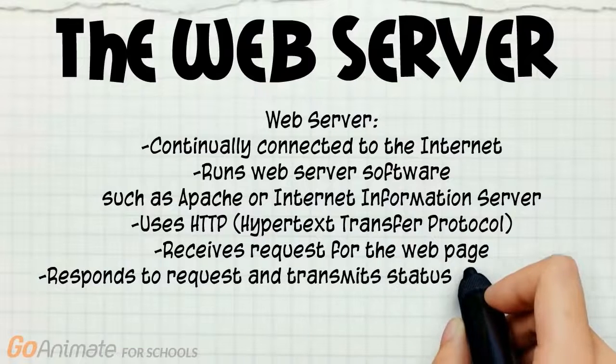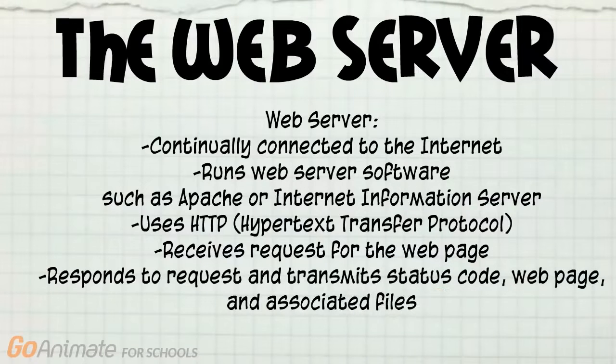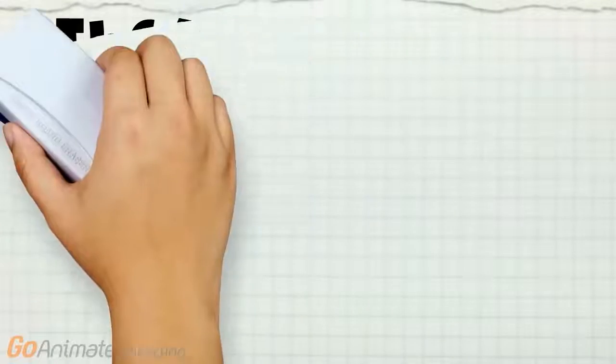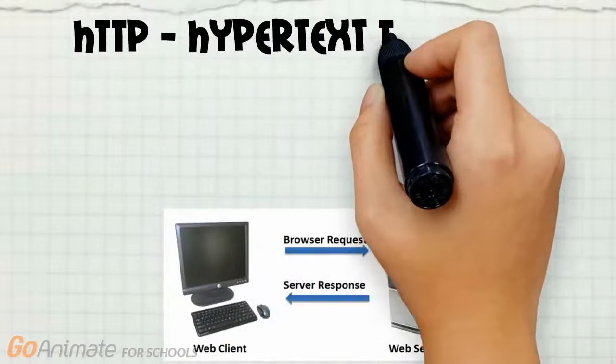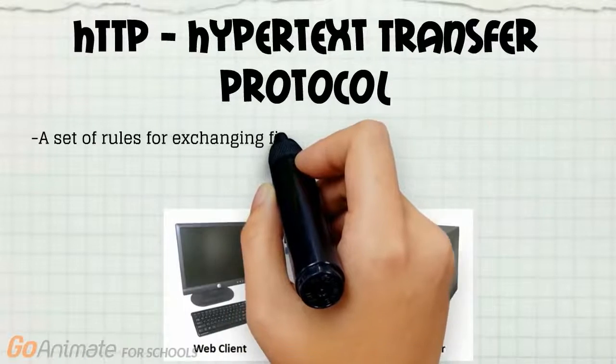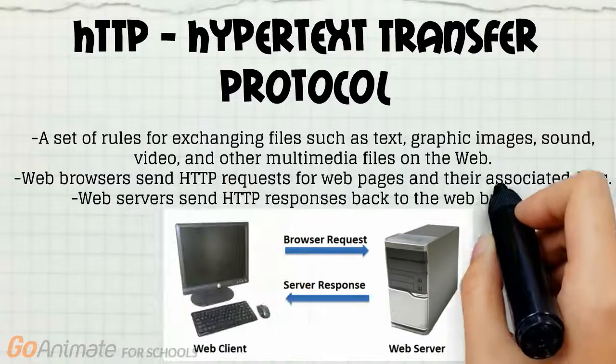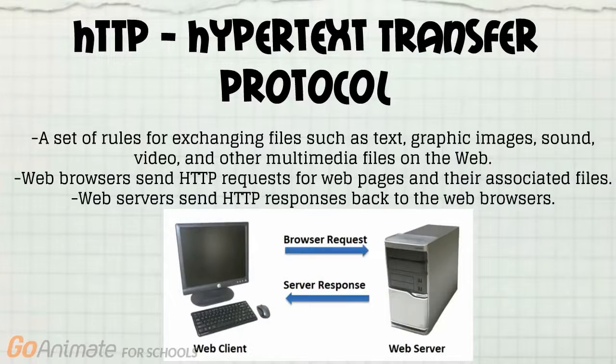Uses HTTP, Hypertext Transfer Protocol. HTTP is a set of rules for exchanging files such as text, graphic images, sound, video, and other multimedia files on the web. Web browsers send HTTP requests and server replies.